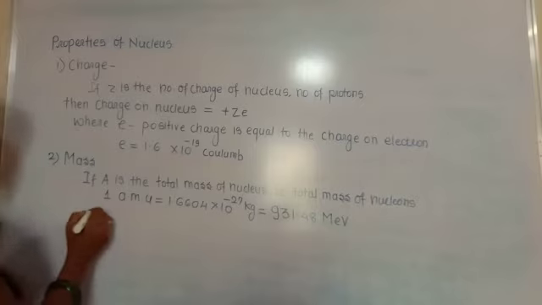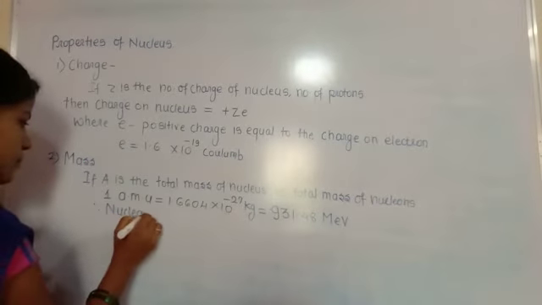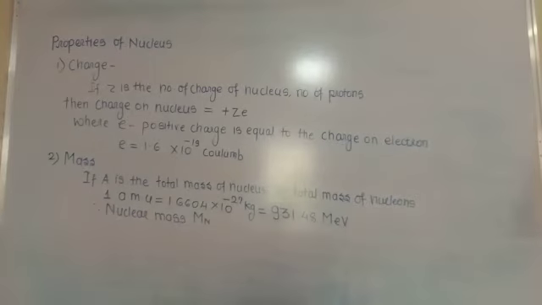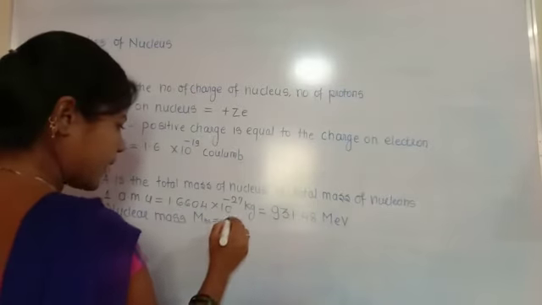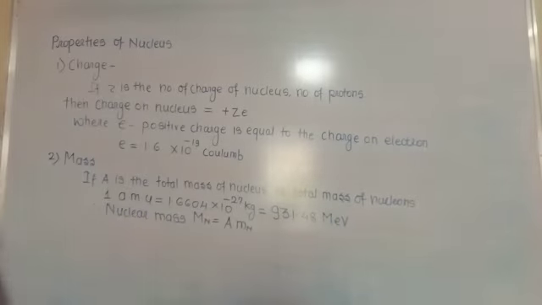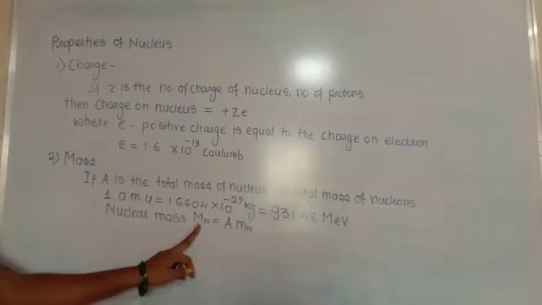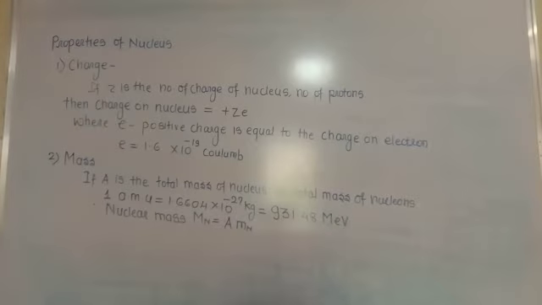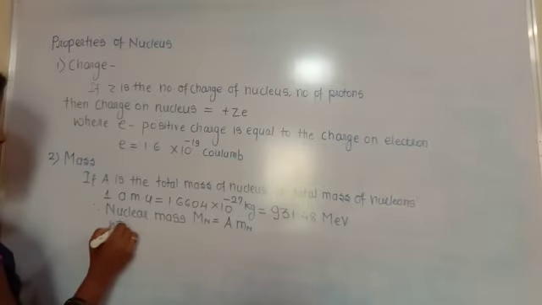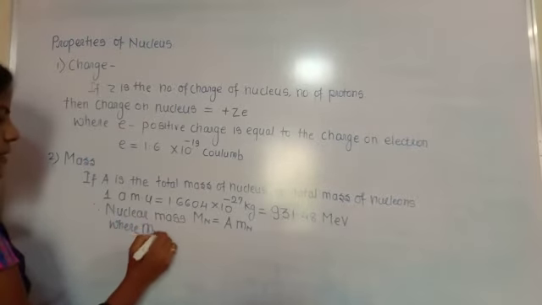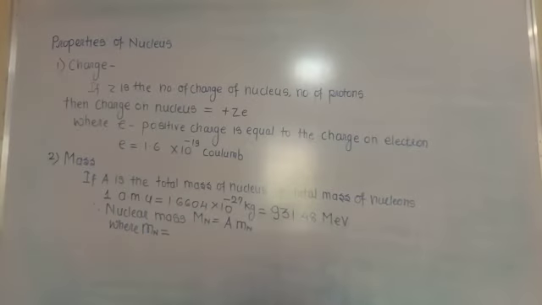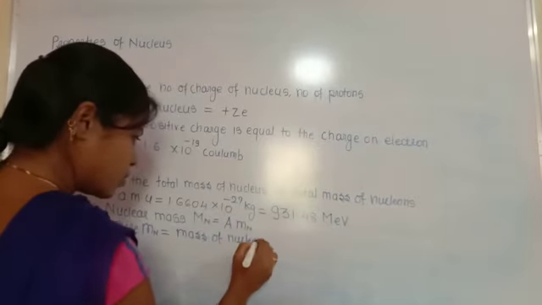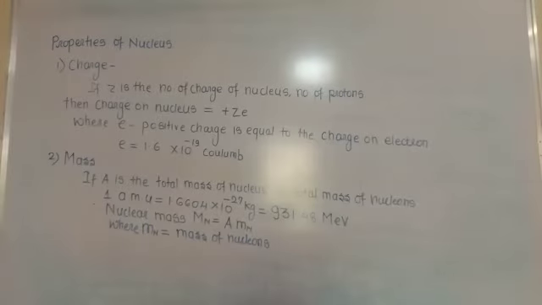Therefore, the nuclear mass, written as capital M with suffix capital N, is equal to A into small m, suffix capital N. This is the formula for the nuclear mass, where small m suffix N is the mass of a nucleon. So this is about the mass, the second property.